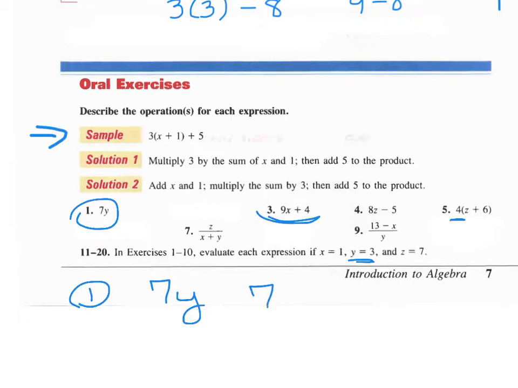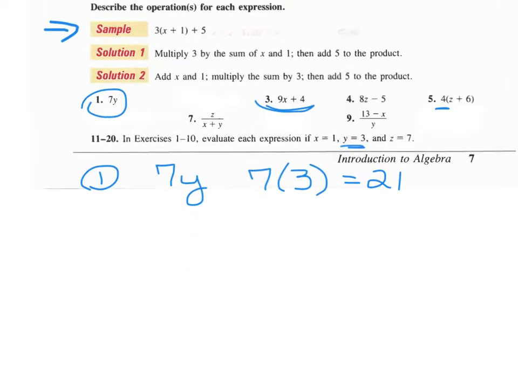So you do 7 times 3, and you get 21. All right, let's do number 7. Let's evaluate that one. It's z over x plus y. Again, I'm using the same values. So my z is a 7, my x is 1, and my y is 3.